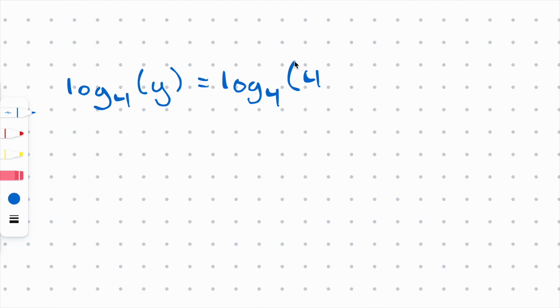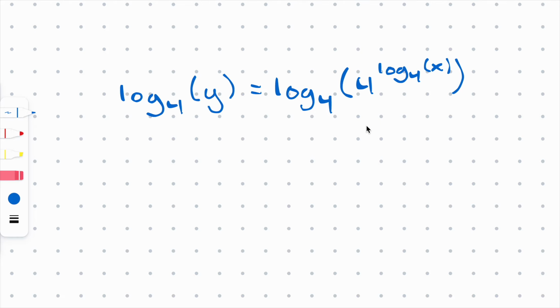If we have log base 4 of 4 to the log base 4 of x, well, we can use our logarithm properties to say, since we're raising our argument of 4 to an exponent of log base 4 of x, we can move this exponent out to the front. That would make sense.